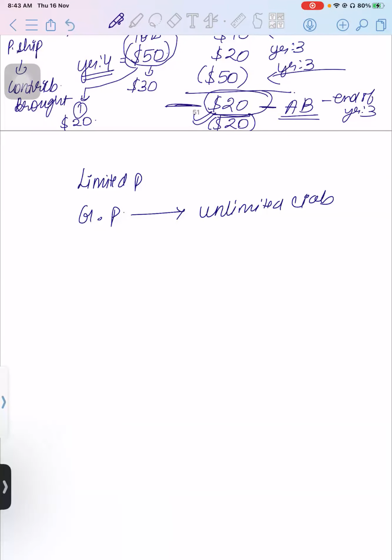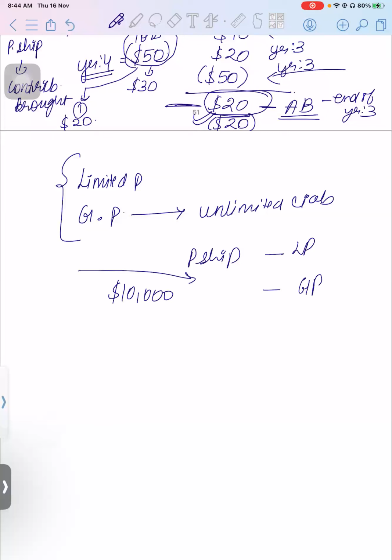See, now if this concept you remember, limited partner and general partner topic, there what was the case? General partner will have unlimited liability, means he will be personally liable also. If any borrowings are not paid, let's say a partnership firm has borrowed $10,000 and there are two partners, limited partner and general partner.